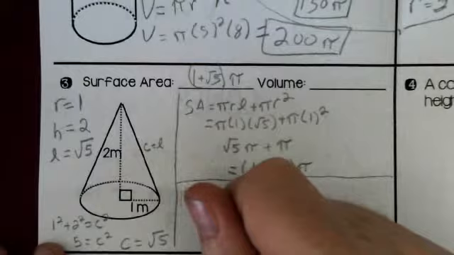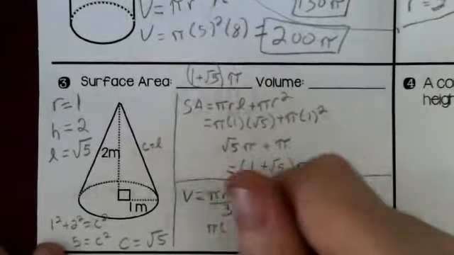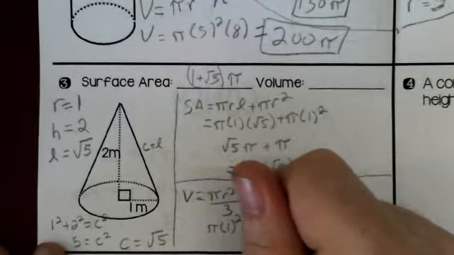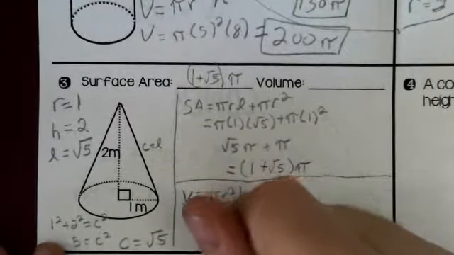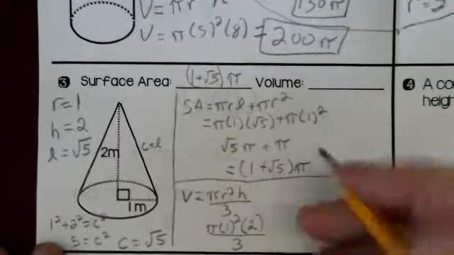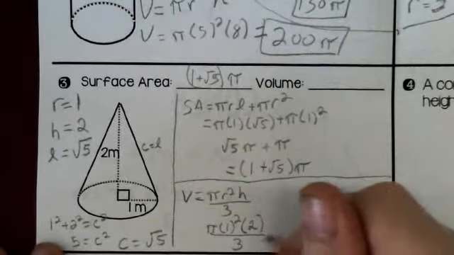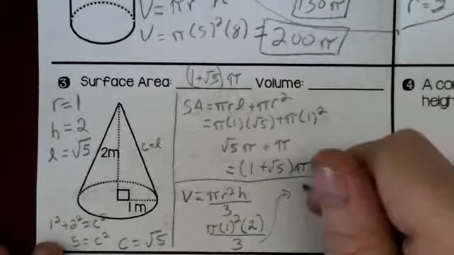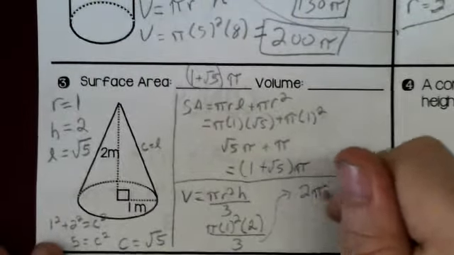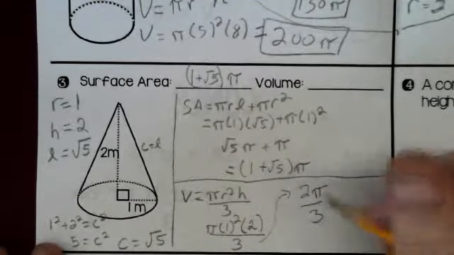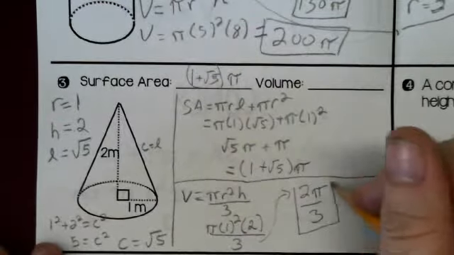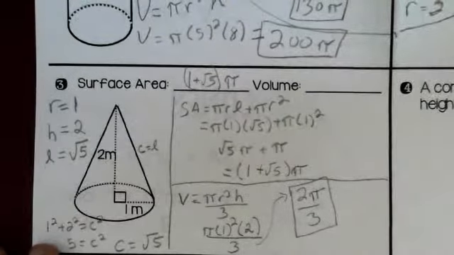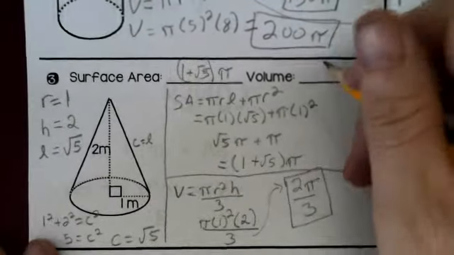So that means that I have pi times my radius of 1 squared times my height of 2 over 3, which 1 squared is just 1, so 1 times 2 is 2, so that gives me 2 pi over 3. And so my volume would be 2 pi over 3.